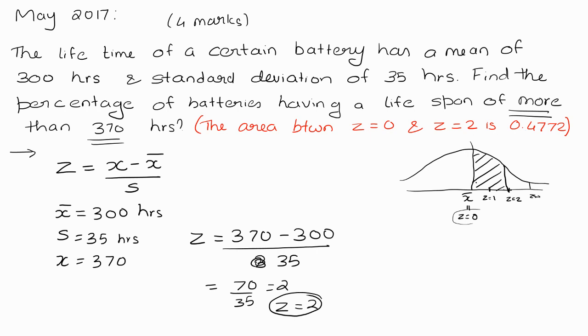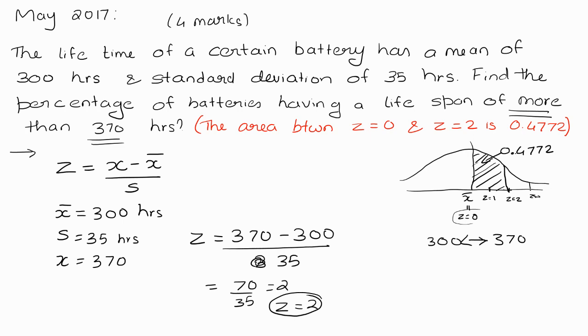Till this area, which is given by 0.4772, this area gives the lifespan of those batteries which have a lifespan between the mean, that is 300, to 370. I need to calculate this area, where the lifespan of the batteries is more than 370.